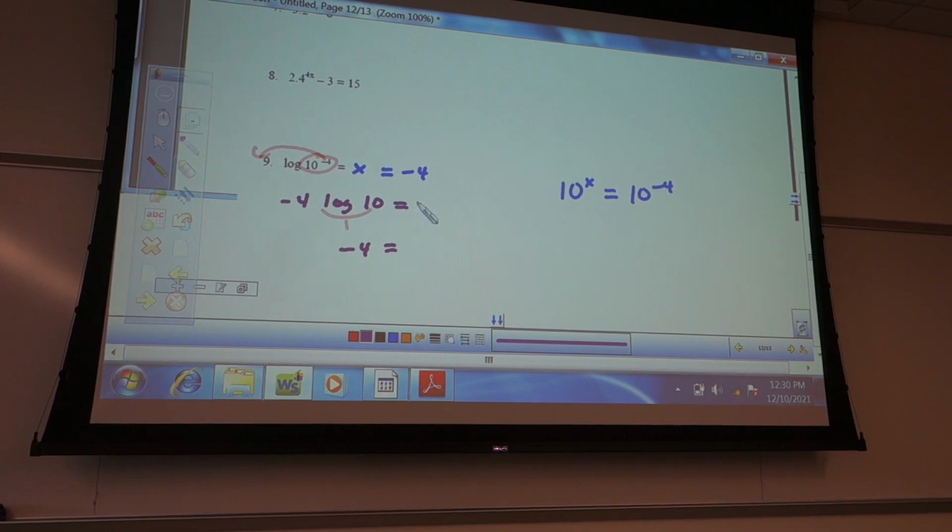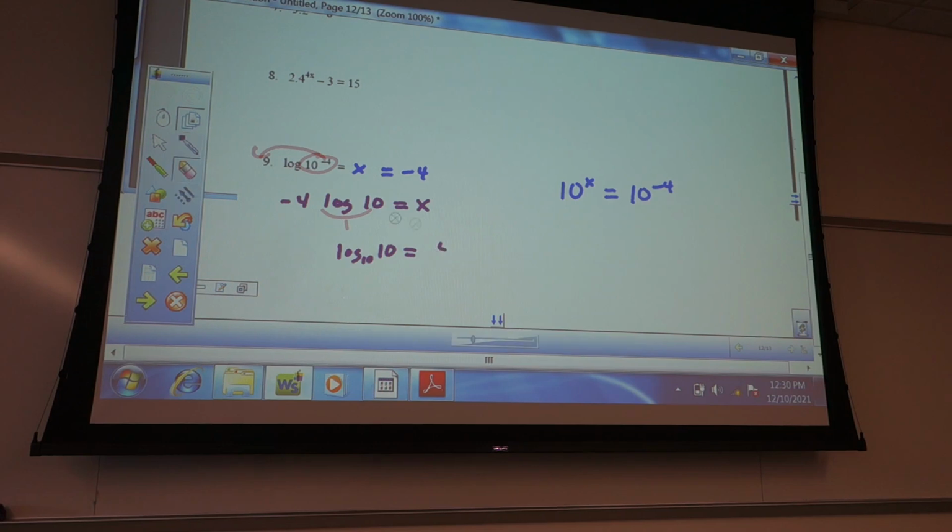-4 equals x? Yeah, so this is a little bit tricky, because if you did it like this, then first you have to do a step of saying, well, log 10 of 10 is equal to x divided by -4. That gets a little bit tricky. So I would just do it this way.